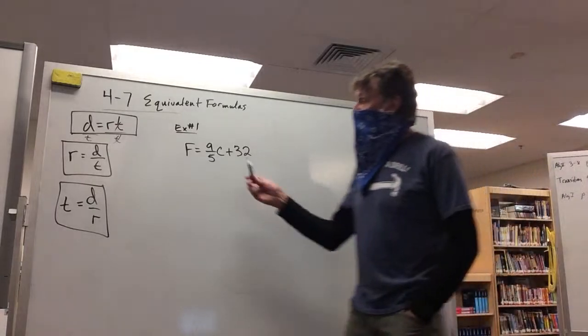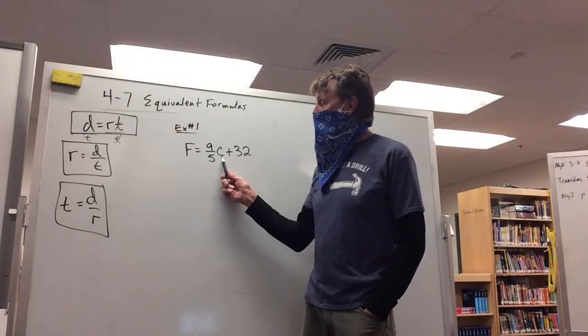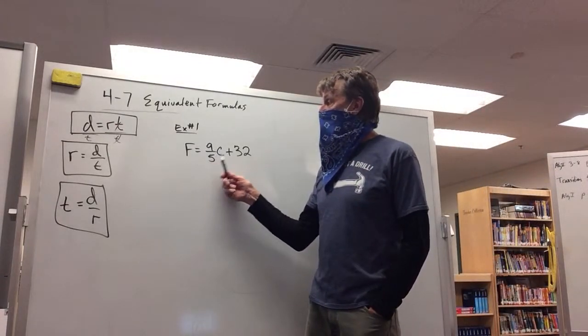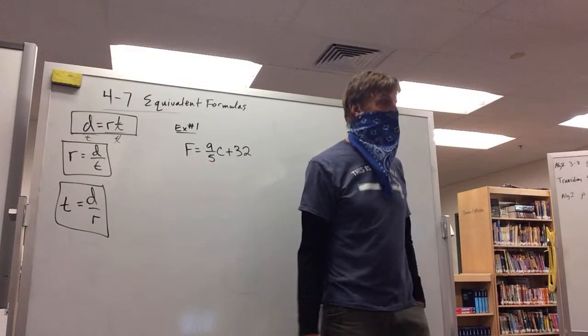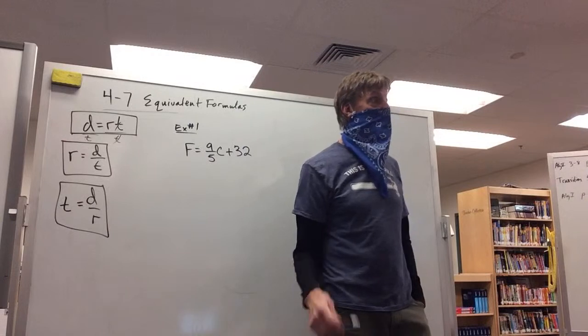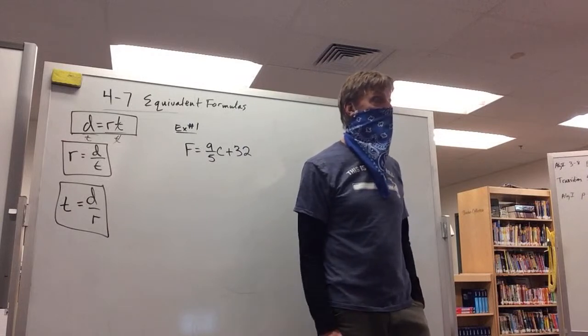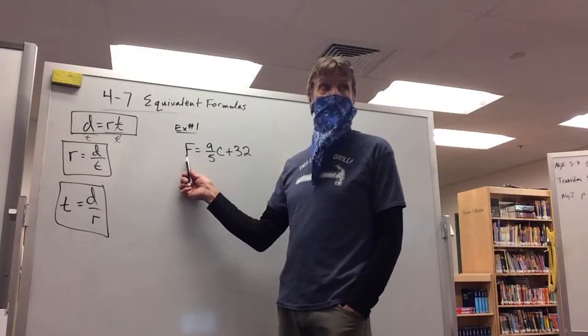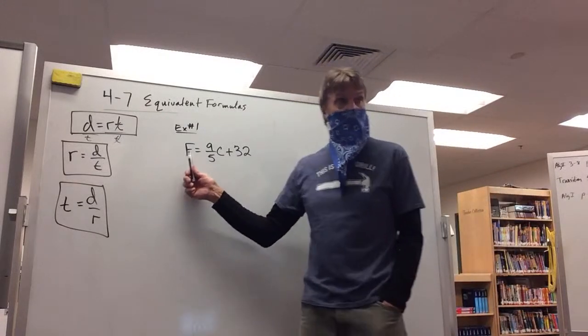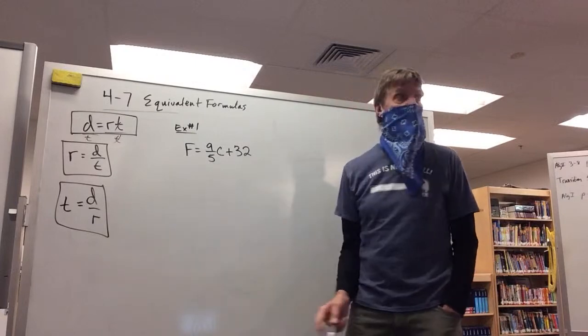So if you knew the number of degrees Celsius, you multiply it by 9/5 and you add 32, you get what it's equal to in Fahrenheit. This is the formula for Celsius to Fahrenheit. But if you knew what Fahrenheit was, what do you do to Fahrenheit to get to Celsius?